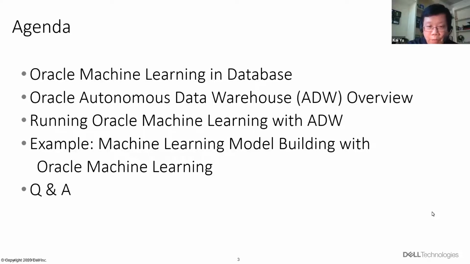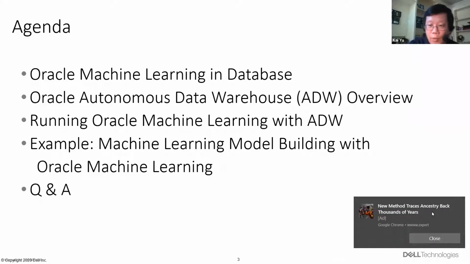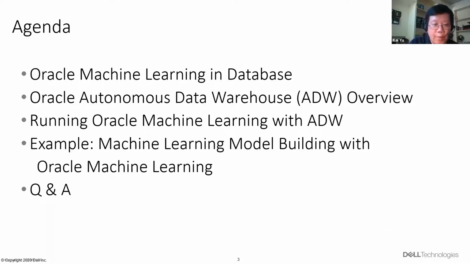Then we'll specifically talk about one type of database, which is Oracle Autonomous Data Warehouse, and show what is special about the Autonomous Data Warehouse that it can offer for Oracle Machine Learning. Then we're going to use an example to show the process of how we do machine learning inside the Autonomous Data Warehouse.